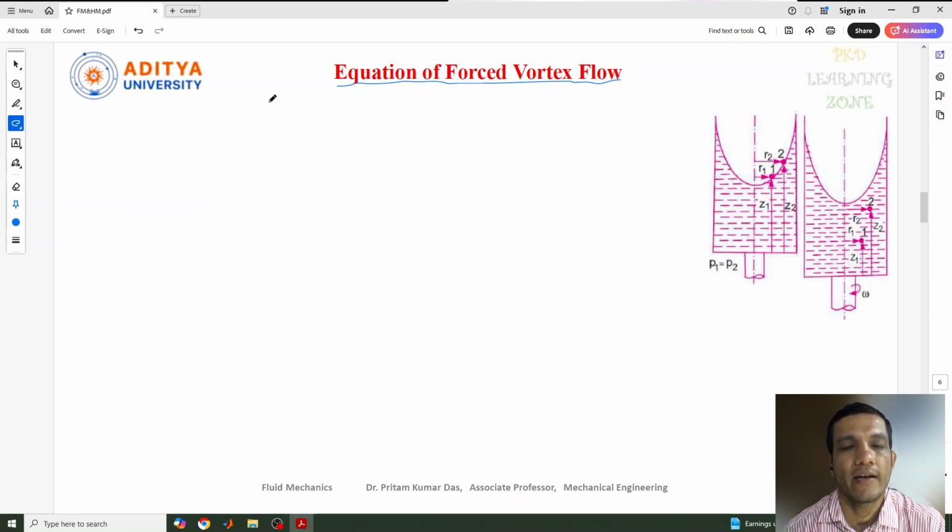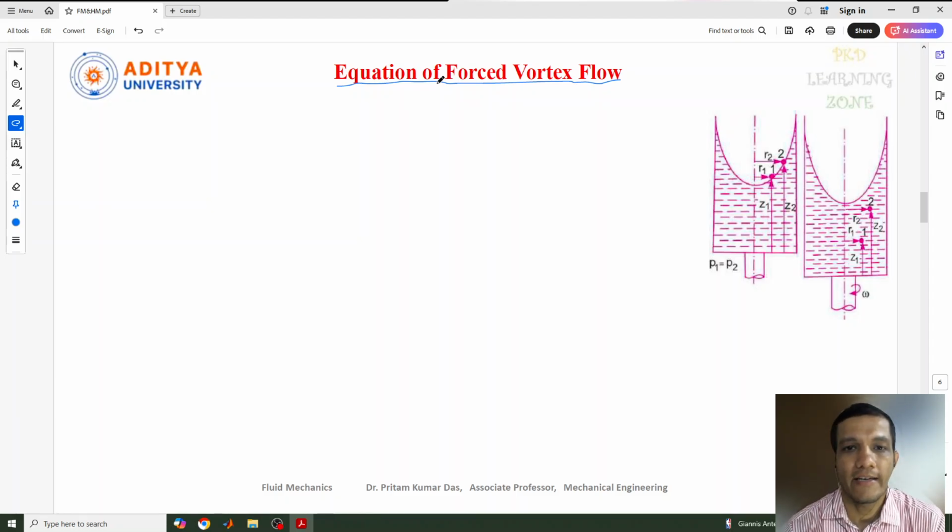That means when liquid flows, either in a sink, a bent pipe, a pump or a turbine, there is a chance of forming a vortex. That vortex formation may be natural or it may be forced, formed with the help of some external source. That we call forced vortex flow.